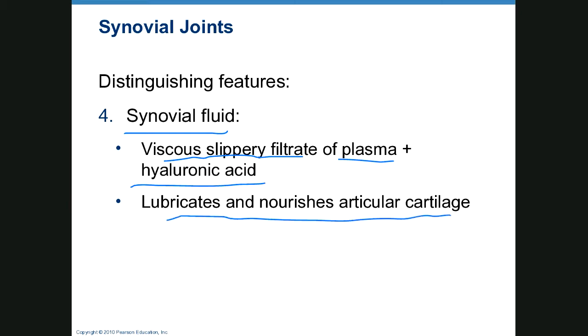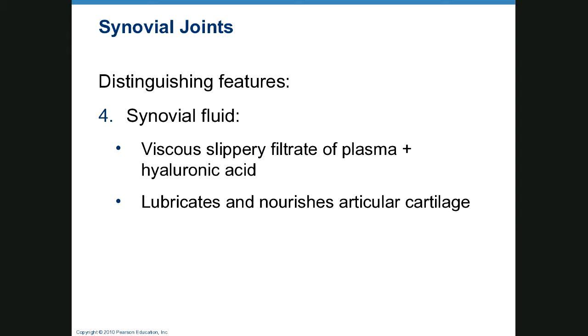Now, when one exercises, warming up before the exercise causes this hyaluronic acid to make the joint more slippery. It's like warming up melts butter. It softens that fluid and makes the joint less likely to be injured.